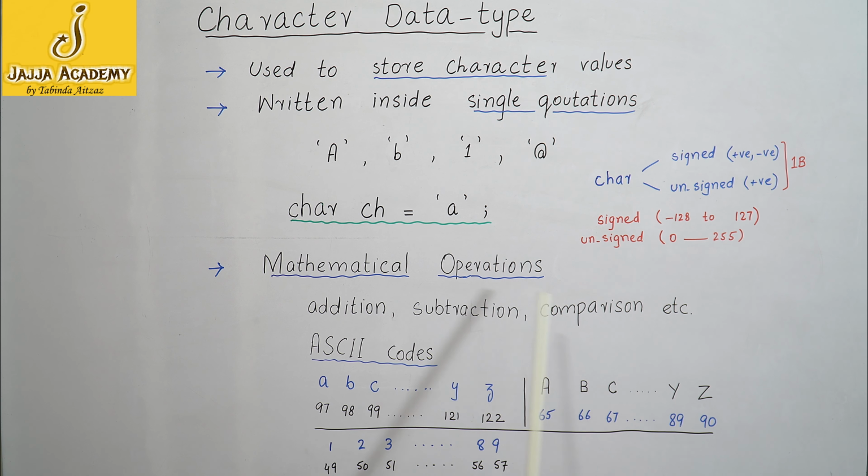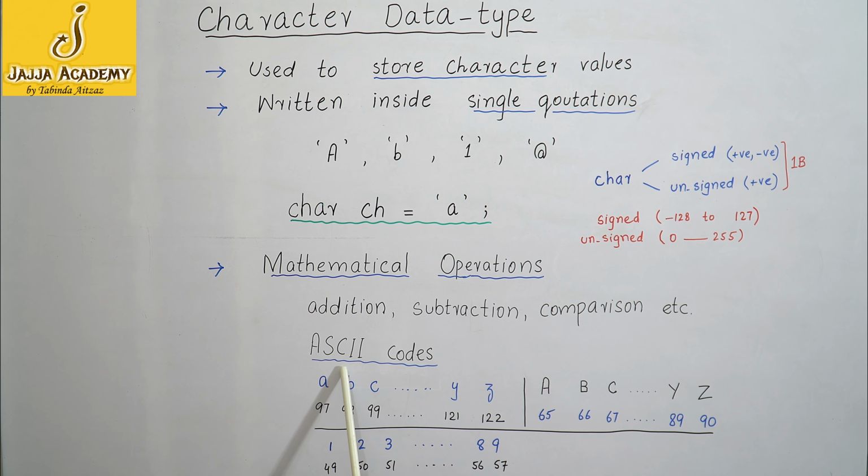In order to see how we perform mathematical operations on the character data type, we must know ASCII codes. ASCII stands for American Standard Code for Information Interchange. It is a character encoding standard which has set standard codes for all characters.